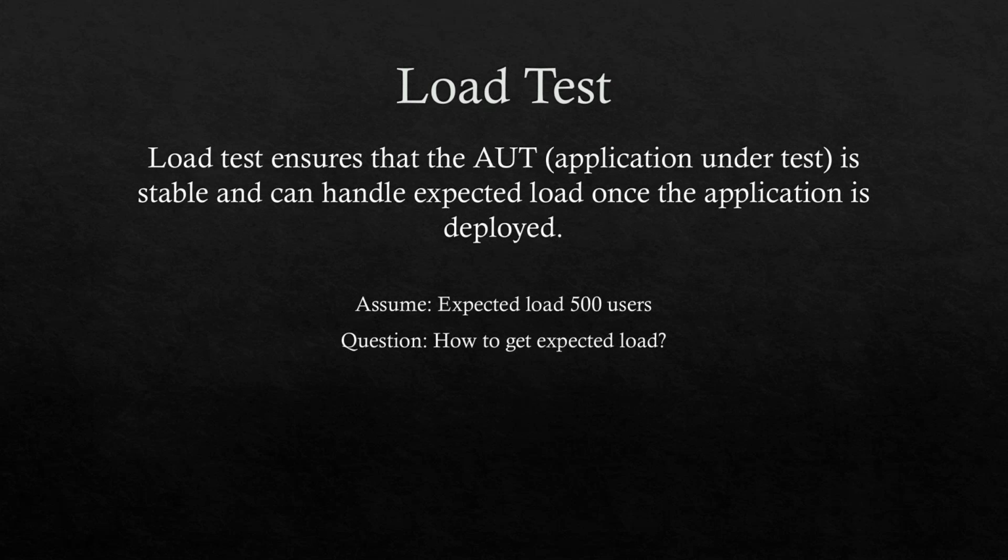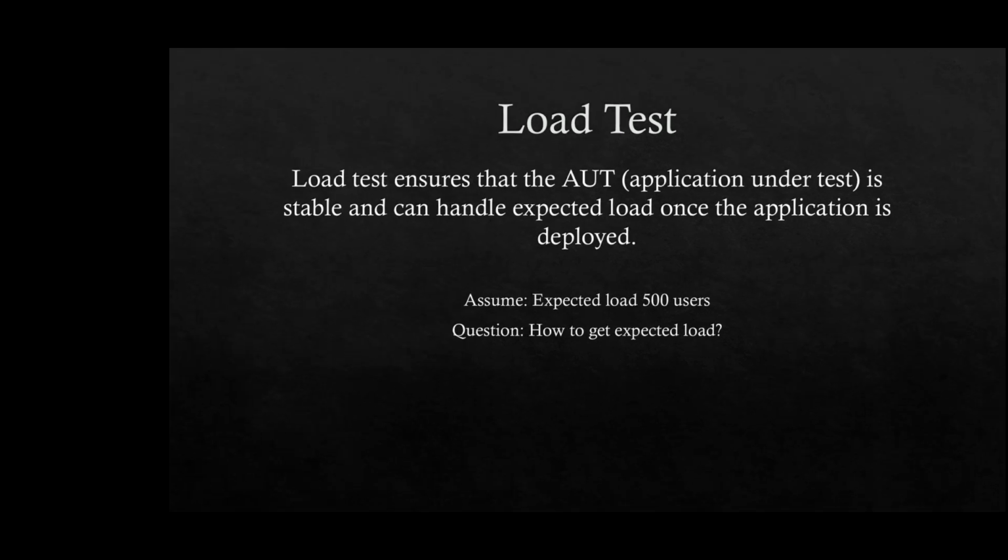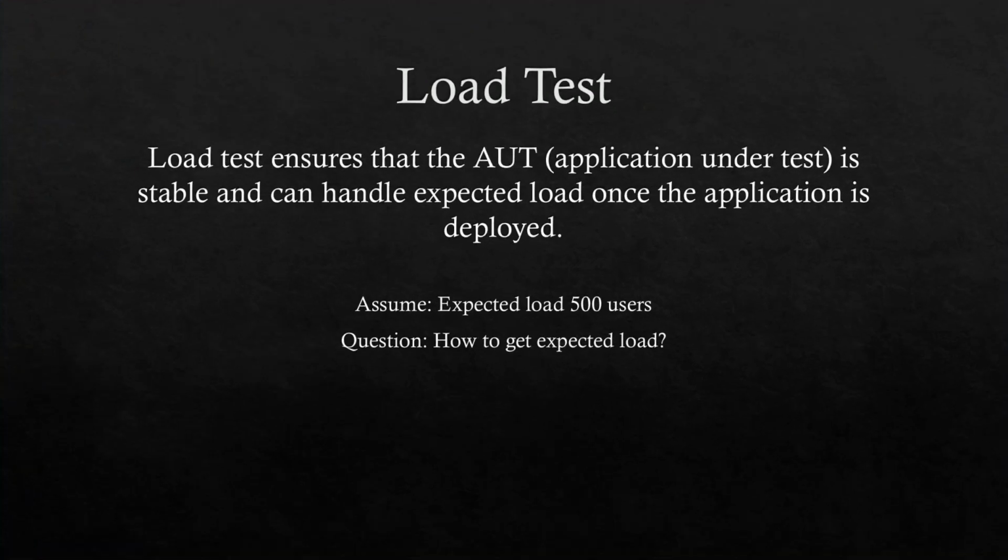Got it? In performance testing terminology, this expected load can be represented as 100% load as well, because going forward I might use 100% load here or there, and you should not get confused. So we get the number of users from the business.